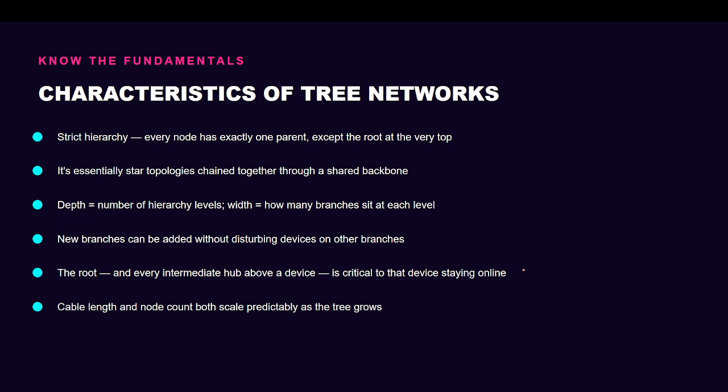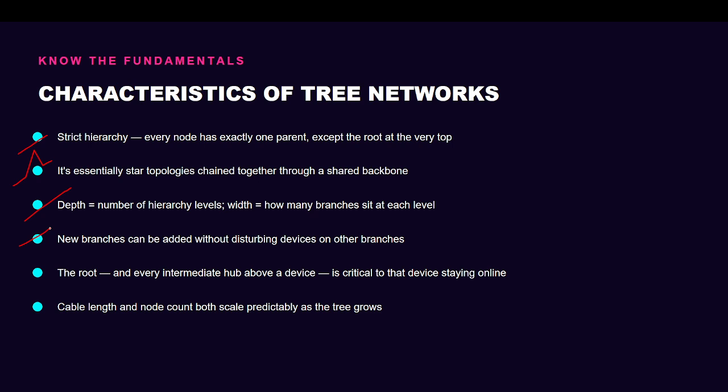Next is the characteristics of the tree network. Strict hierarchy: every node has exactly one parent except the root at the very top. It is essentially star topologies chained together through a shared backbone. Depth equals the number of hierarchy levels, and width equals the number of branches at each level.